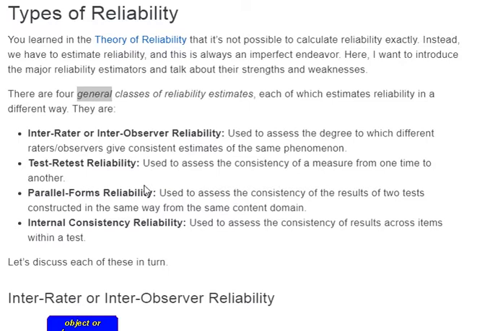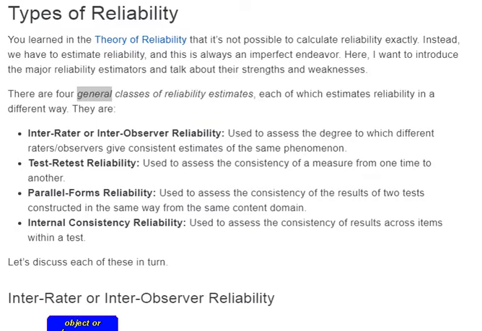The types of internal reliability are split-half reliability, Cronbach's alpha reliability, inter-item correlation, and average inter-item correlation.